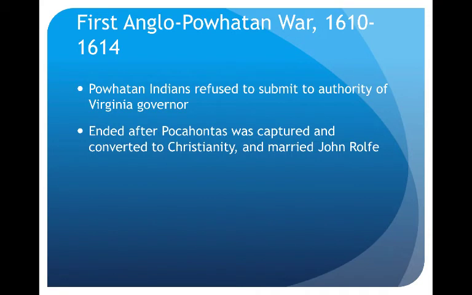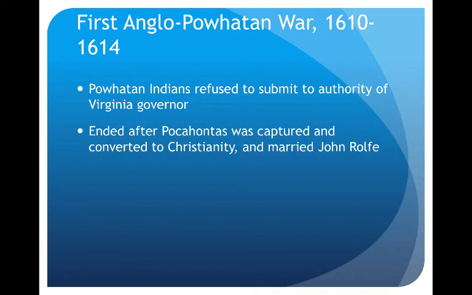All right, so the Powhatans had initially been friendly with the Jamestown settlers, but after probably being taken advantage of by the settlers, and also seeing more and more settlers arriving and seeing the writing on the wall, hostilities began to increase. This came to a head when they refused to submit to the authority of the Virginia governor.